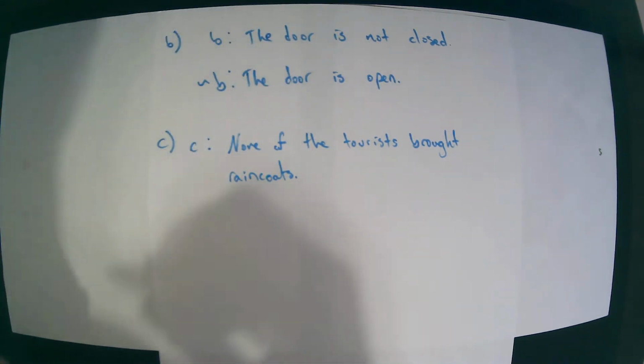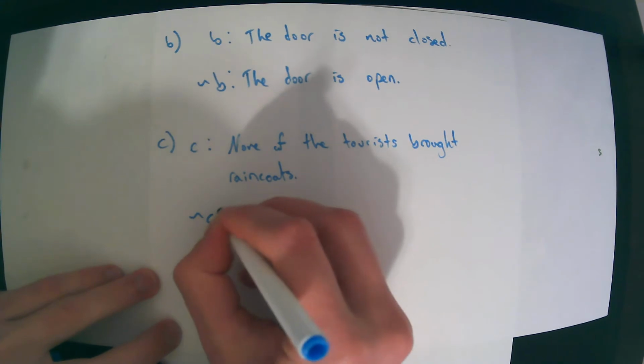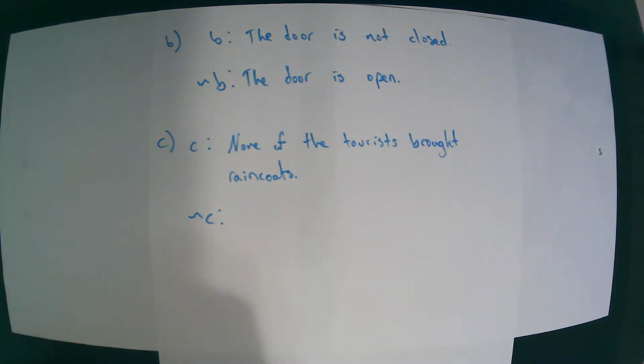Okay, and we want the negation of C. What is the logical opposite of this statement? So imagine a group of tourists in front of you, just like 5 people, and it's raining, and none of them have raincoats. What would be the logical opposite of this statement?